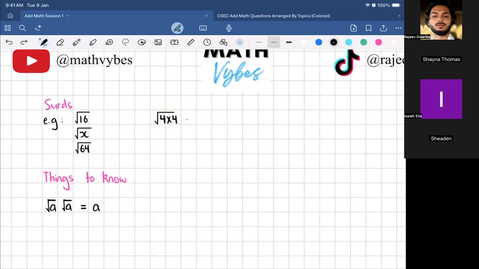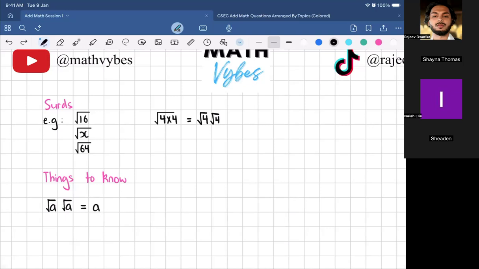And you will come to realize that in surds, if you can write whatever's inside as a product, you can break that up into smaller surds. So Sheena, you see how I have the square root of 4 by 4? I can rewrite that as the square root of 4 by the square root of 4. And according to this rule over here, if you're multiplying the same surd, you're going to get back the number on the inside.